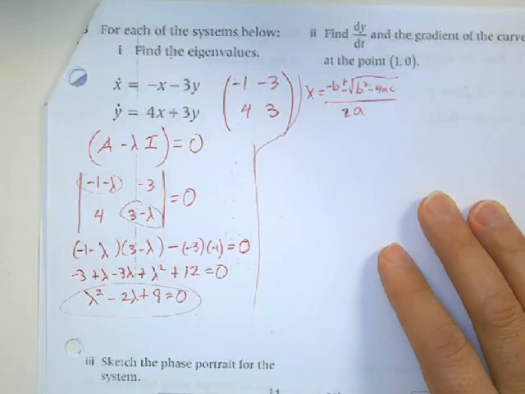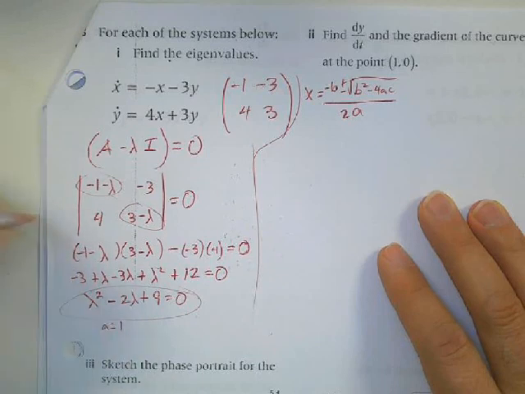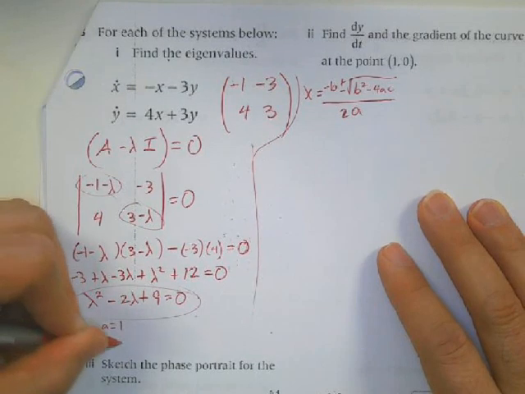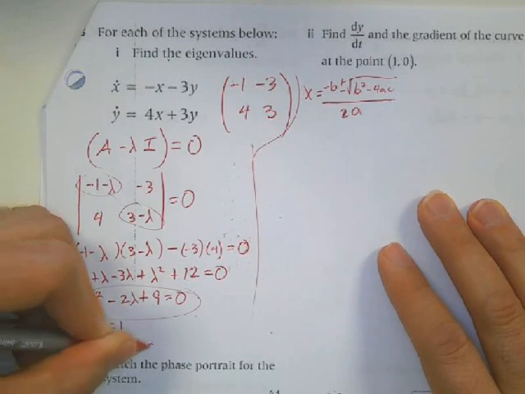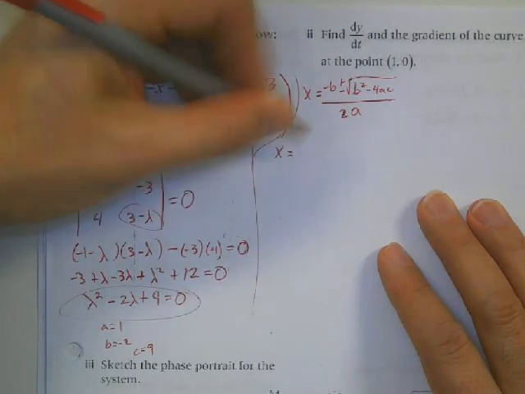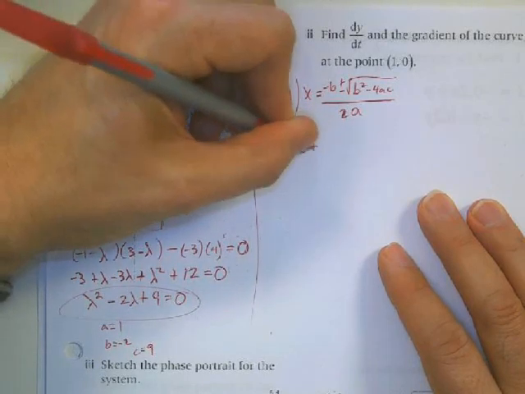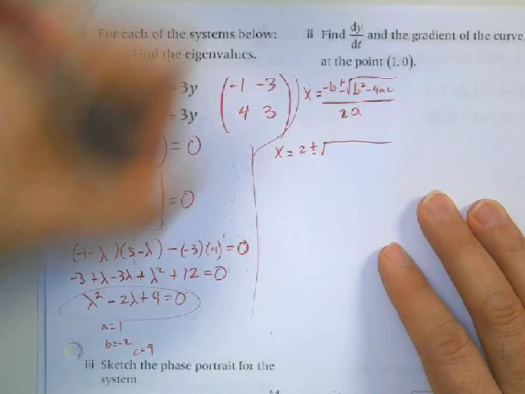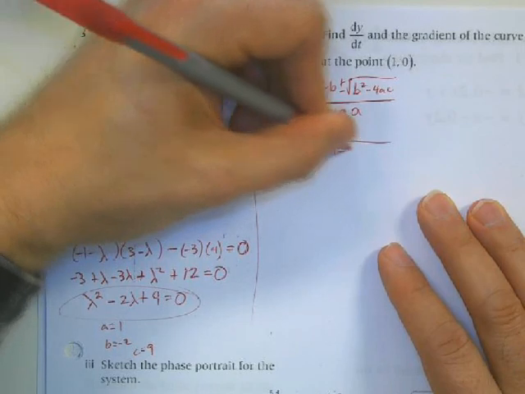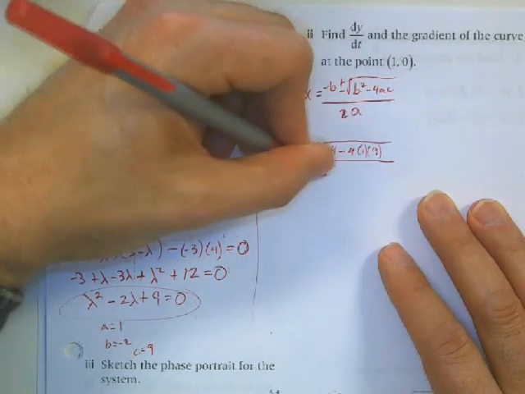Okay, so a is 1, b is -2, c is 9. Okay, so x equals -(-2), so plus 2, plus or minus square root of 2 squared. Okay, that's 4 minus 4 times 1 times 9 all over 2 times 1.